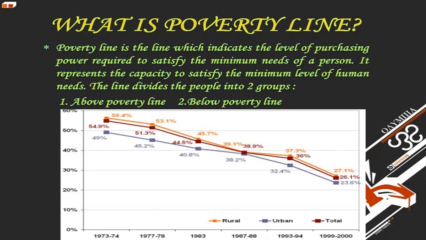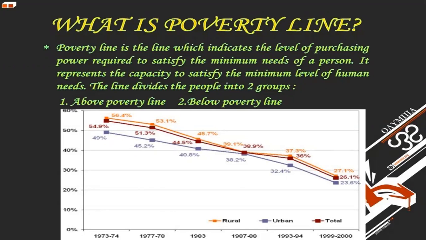The Planning Commission defined the poverty line on the basis of the recommended nutritional requirement of 2400 calories per person per day for rural areas and 2100 calories per person in urban areas. A higher calorie intake has been fixed for rural areas because rural workers have to do greater physical work as compared to urban workers.